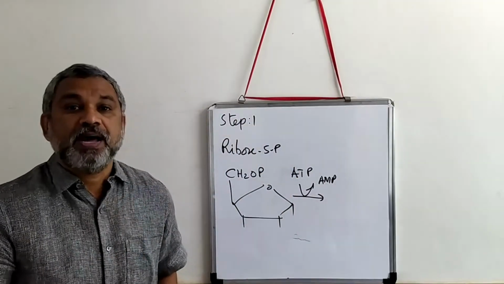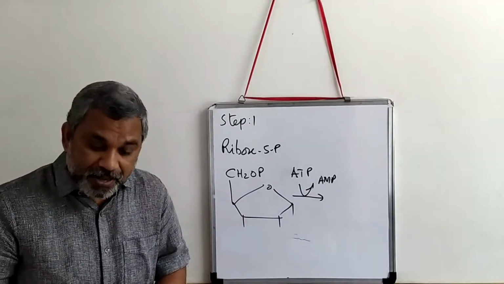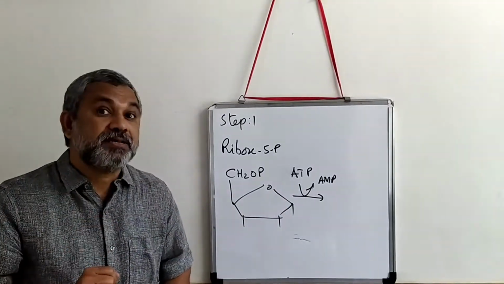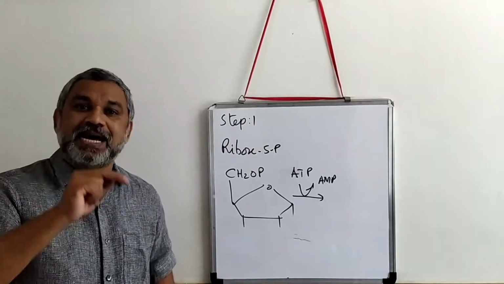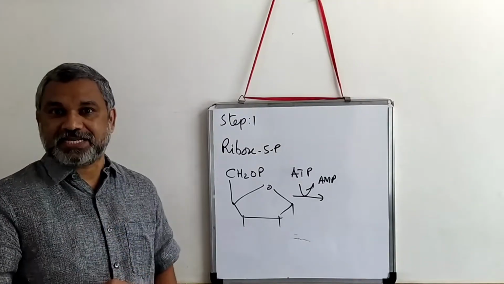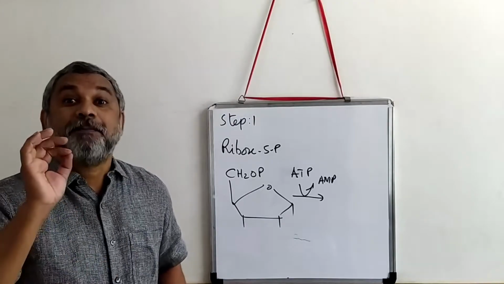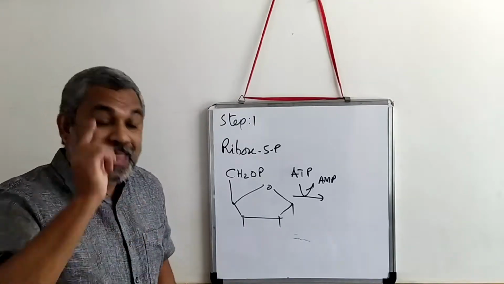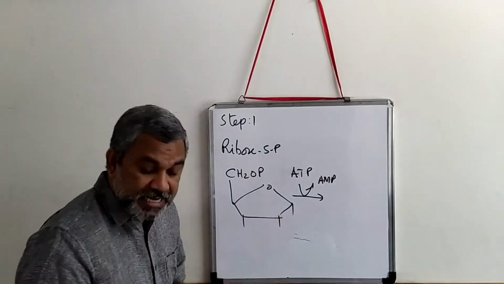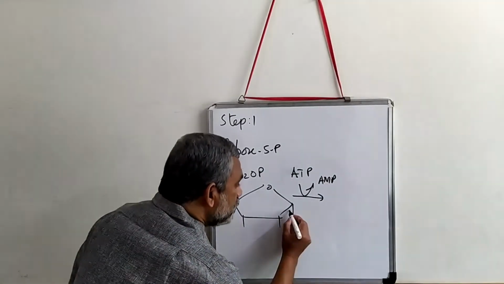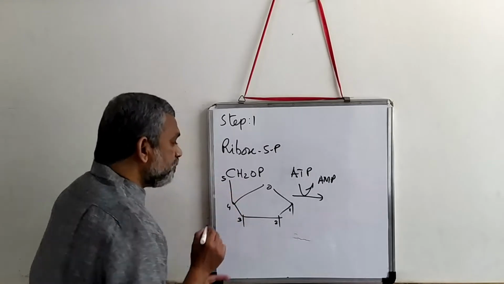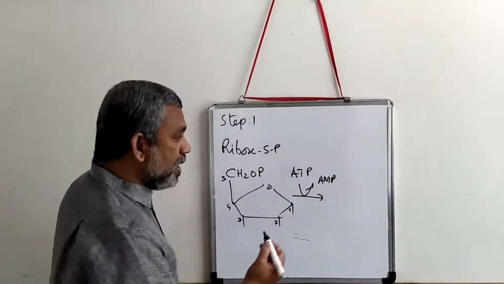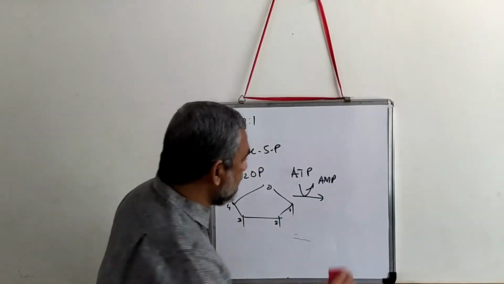Once you cleave this into an AMP, what is left is the 2 phosphate groups, joined by a beta-gamma phosphodiester bond. That is what we call a pyrophosphate. That pyrophosphate is attached to carbon number 1. So this is carbon number 1, 2, 3, 4 and 5. That is attached to carbon number 1, and the structure will be like this.